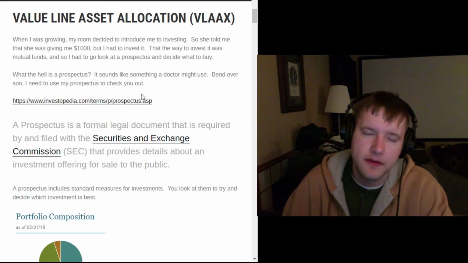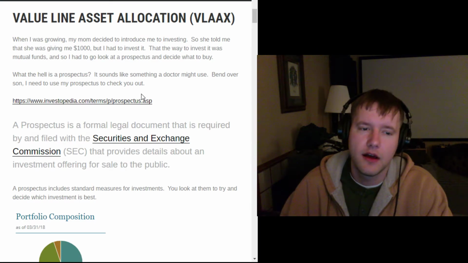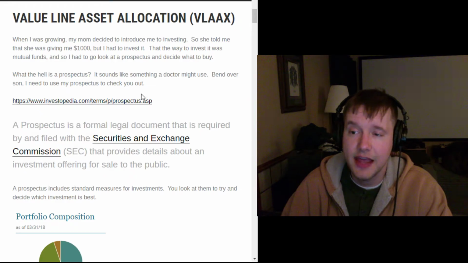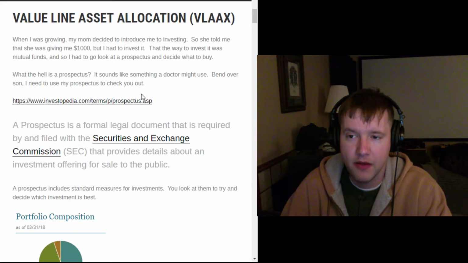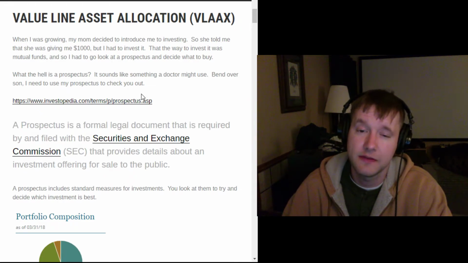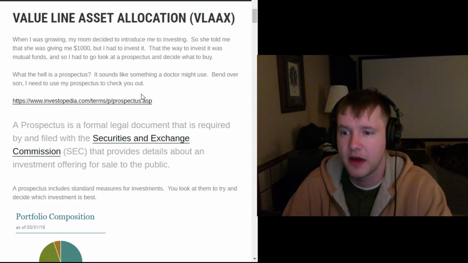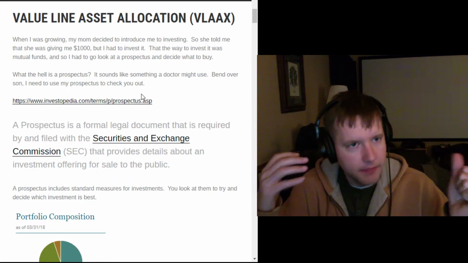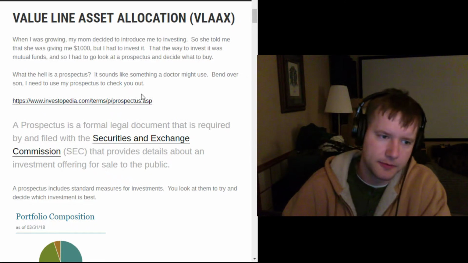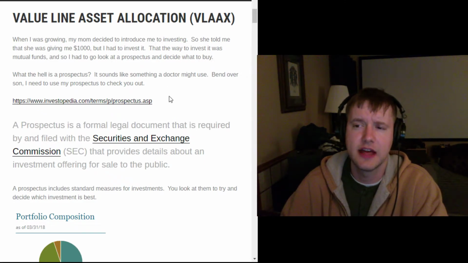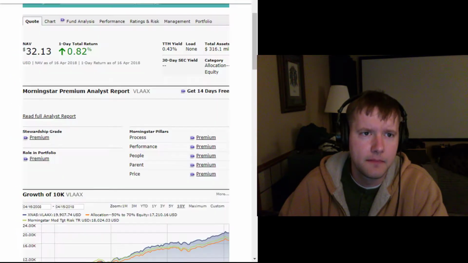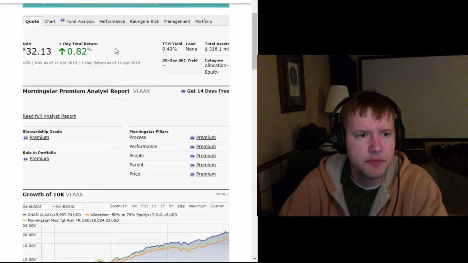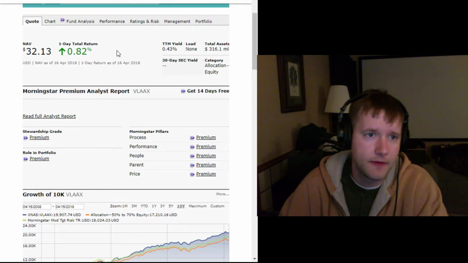So every mutual fund has to have a prospectus that has a standard set of information about that mutual fund so that investors can make responsible decisions about what they want to buy, and they can do an apples to apples comparison between mutual funds, for example. And the prospectus contains a lot of different information. I believe this is a prospectus or something like a prospectus for Value Line Asset Allocation.